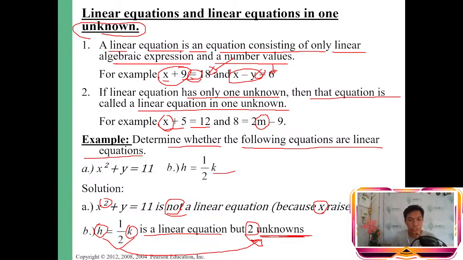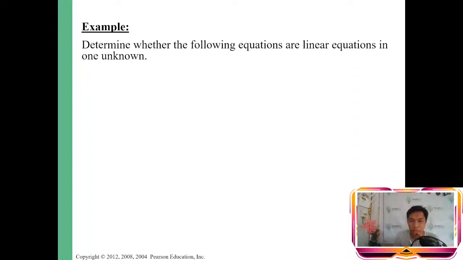Next one, let's look at this example. Determine whether the following equations are linear equations in one unknown. Take note, one unknown, one letter only, the same letter. Same letter or one letter, that is one unknown.